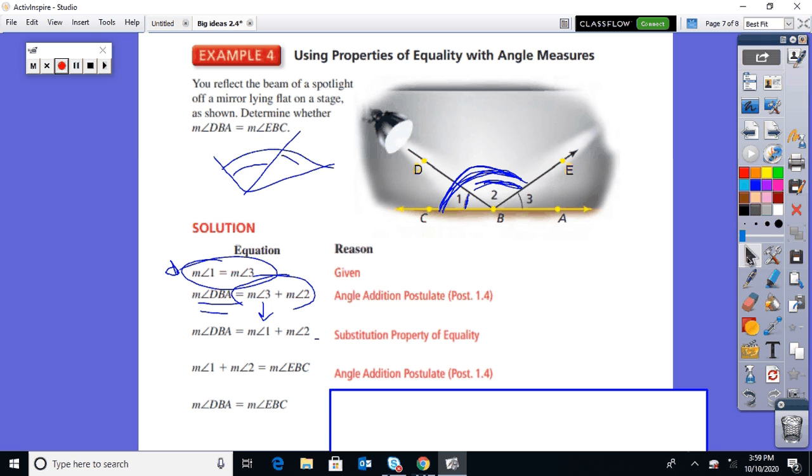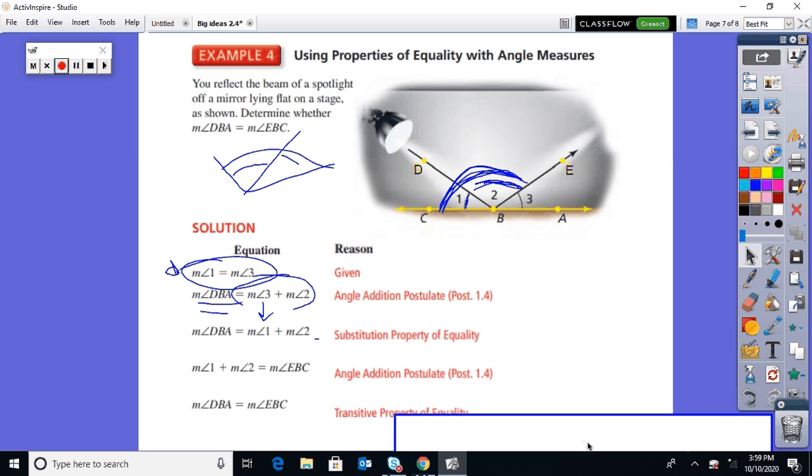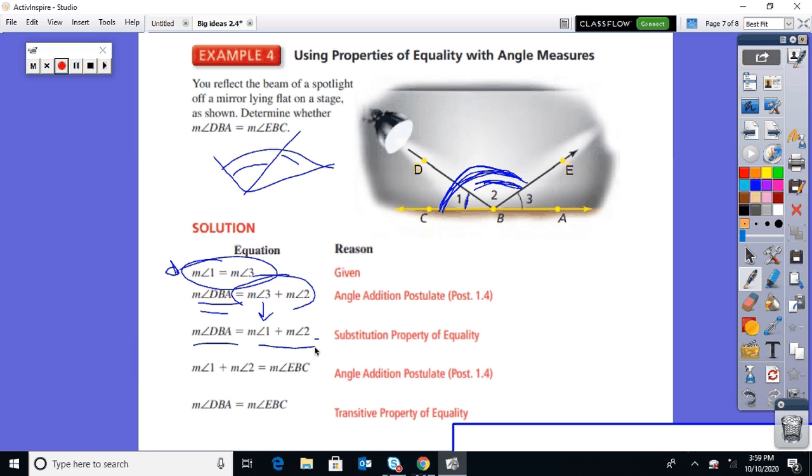So anytime you're taking two angles and setting them equal to the bigger angle that they create, angle addition postulate. And then final step, here's the example of our transitive property. So if DBA is 1 plus 2, and 1 plus 2 is EBC, then I can link DBA with EBC by the transitive property. All right, try the last couple monitor progress questions.